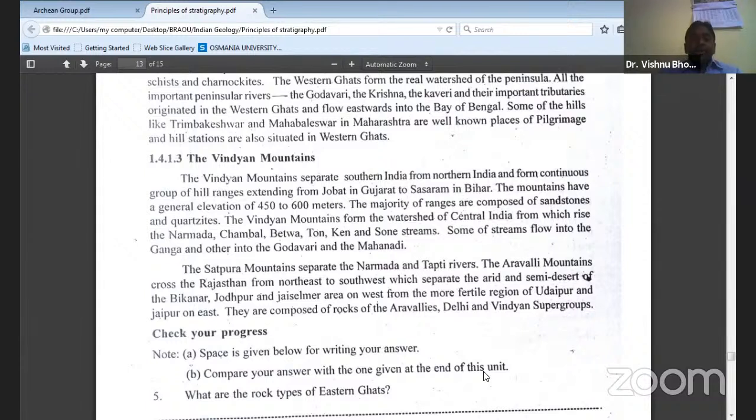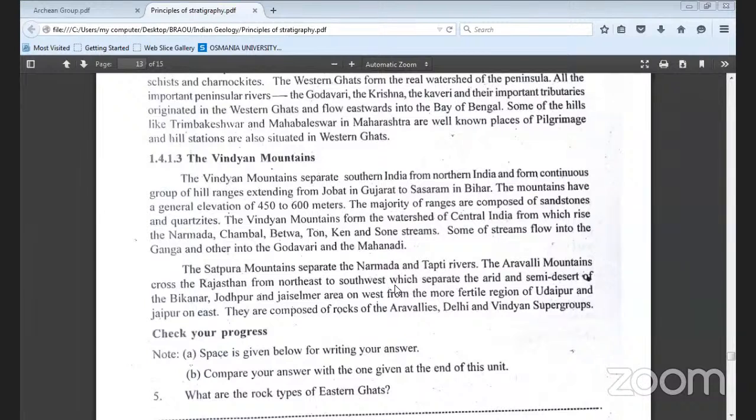These ranges are mostly composed of sandstones and quartzites. The Vindhyan Mountains form the watershed of central India, from which the Narmada, Chambal, Betwa, Tons, Ken, and Son streams rise. Some streams flow into the Ganga and others into the Godavari and the Mahanadi also.